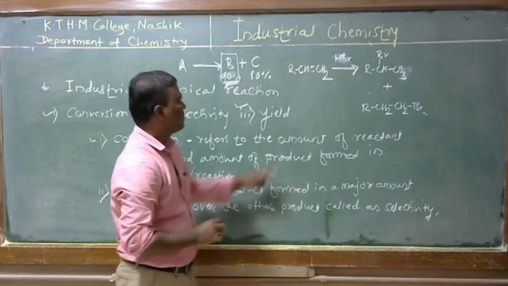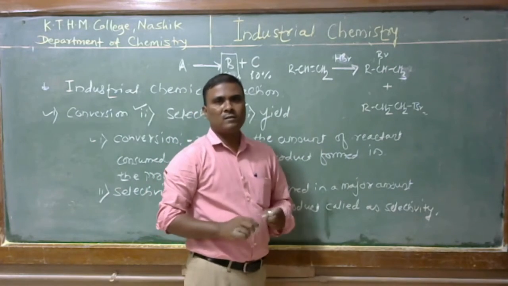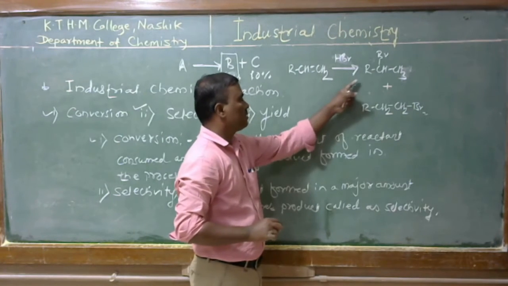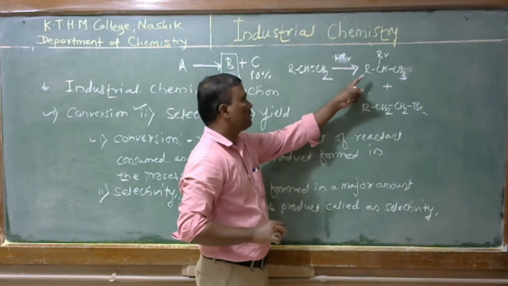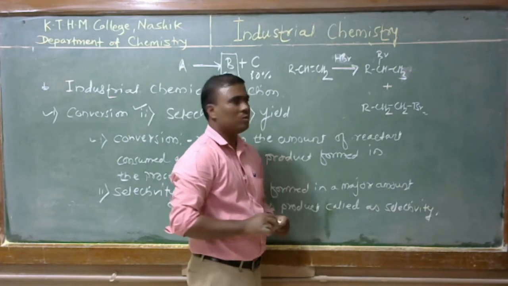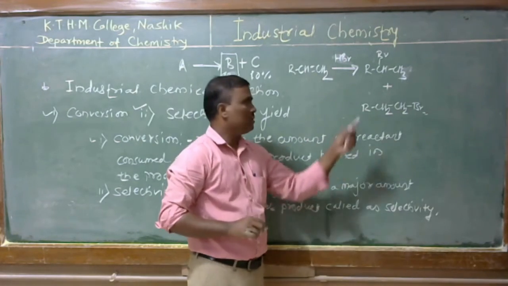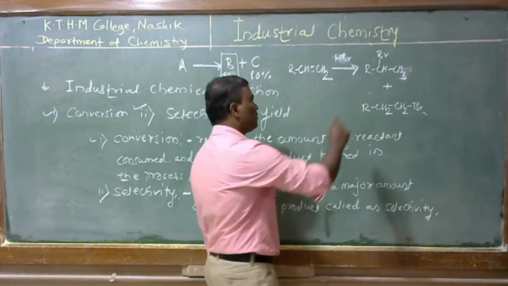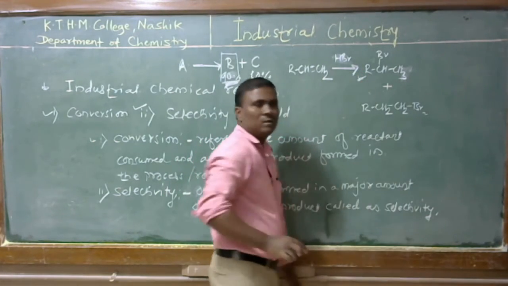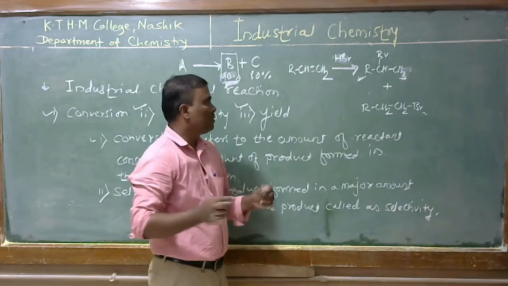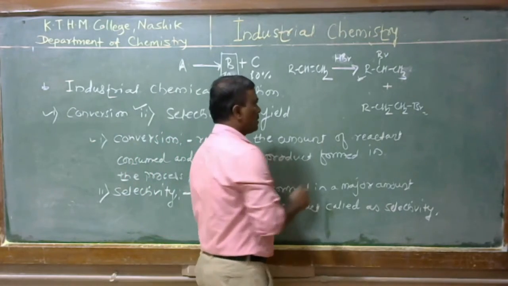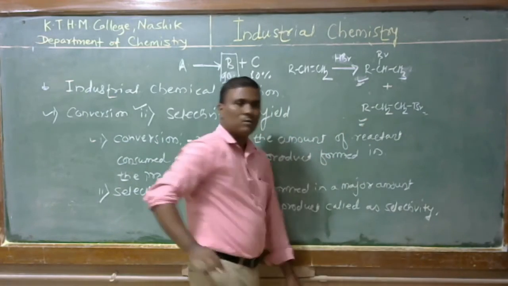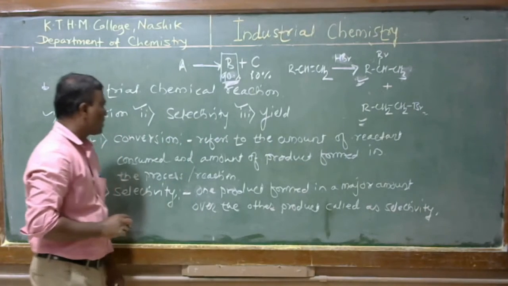So what happens here? HBr is added to the alkene and we get two products. In one case it gives a more substituted product, and the other product we get is a less substituted product. Generally, Markovnikov addition gives the more substituted product in a major amount. So what I wanted to tell you from this example is that one product is obtained in a major amount over the other. That is called selectivity.